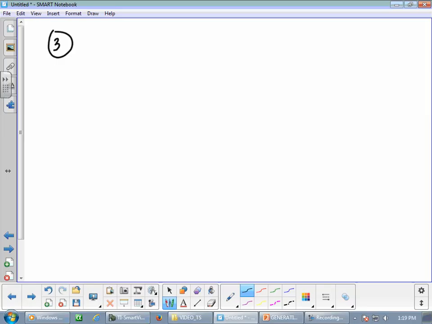Okay, cosine of x equals cotangent of x. Actually, let's do this. Cosine of negative x is equal to the cotangent of x.